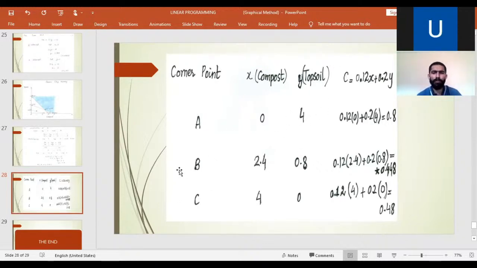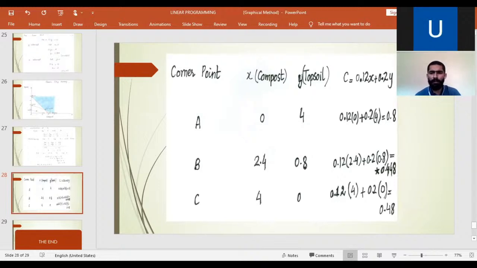Putting the values of A, B and C into the equation, for corner point A we get 0.8, for corner point B we get 0.448, and for corner point C we get 0.48. After the whole minimization process, the required condition is met.